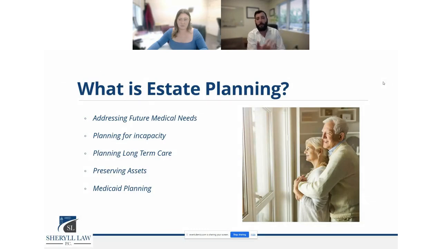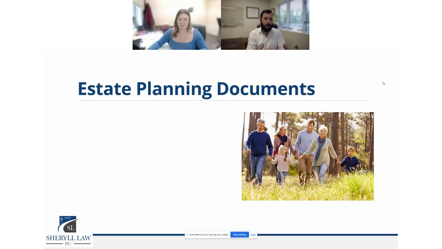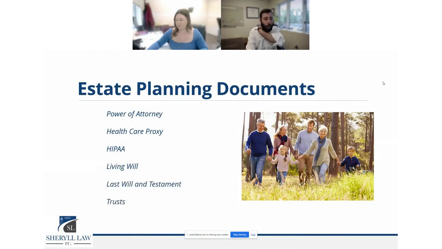Now, the common tools that we see be part of an estate plan are our power of attorney, healthcare proxy, HIPAA, living will. Now, these are what I would call advanced directives. And what advanced directives do is they basically allow you to avoid the need for a guardianship proceeding. And if we're talking about protecting assets, that is a costly one.